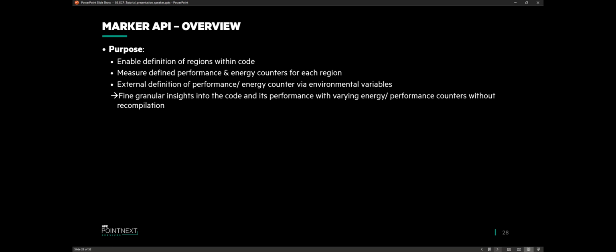So we do not have to change our application and compile it every time we want additional events or other combinations of events, but we can simply change the environment variable. In general, as I've already said, this enables us to get a fine-grained insight into the code and its performance with varying energy and performance counters without having to recompile the application.